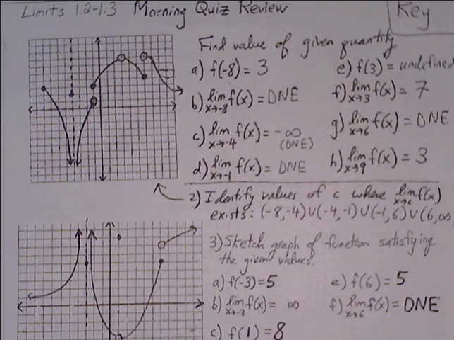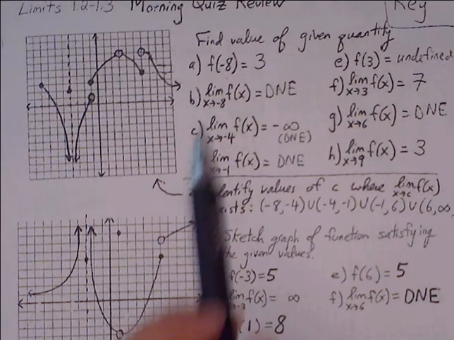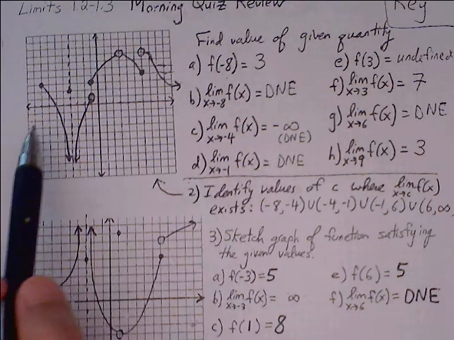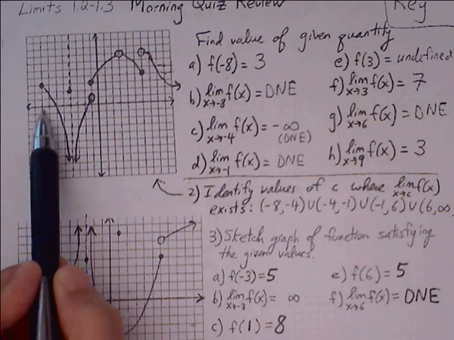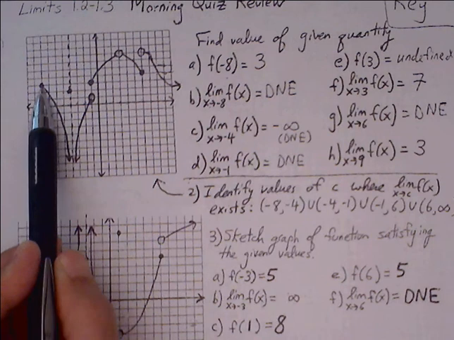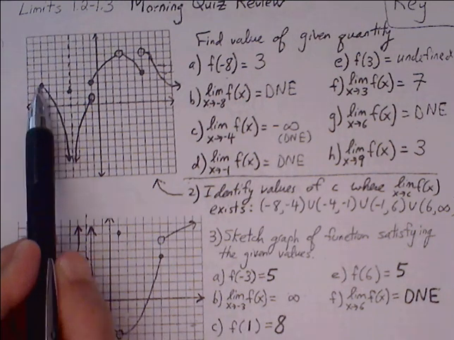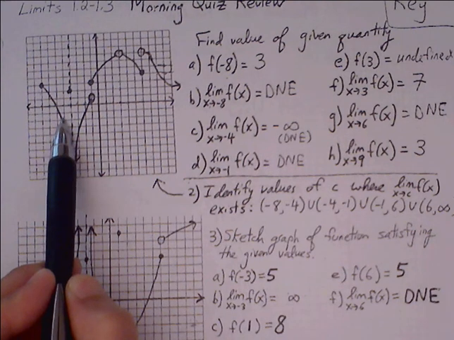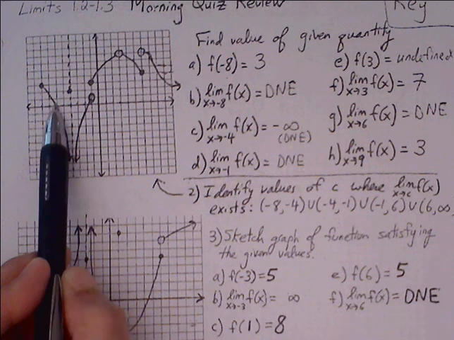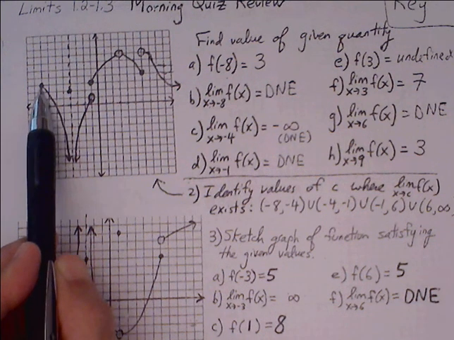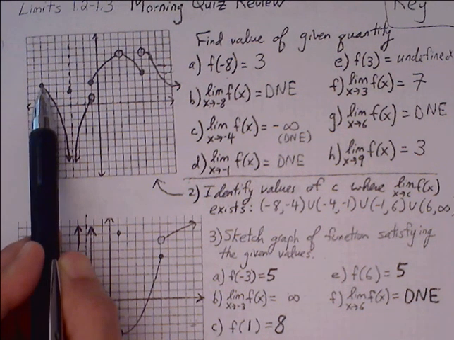For part B, does the limit exist? Limit as x approaches -8, so here's -8. In order for a limit to exist, the graph has to approach the same y value. If we follow the branch on the right towards -8, it's arriving at a y value of 3.